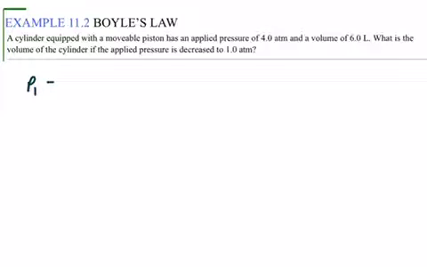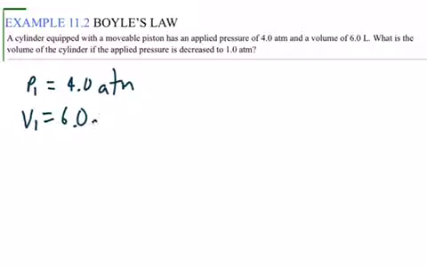So the initial pressure is 4 atmospheres. And they tell you that the initial volume is 6 liters. So what's going to happen here is we want to know what would be the volume of the cylinder. So let's put here V2. We're looking for the final volume. If the applied pressure, so here's the new pressure, is 1 atmosphere.